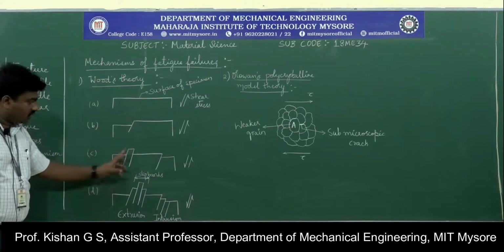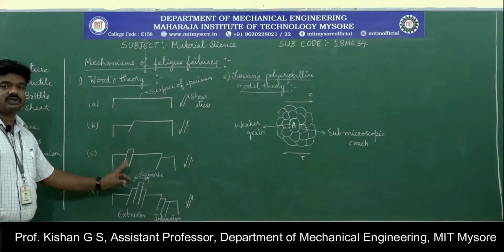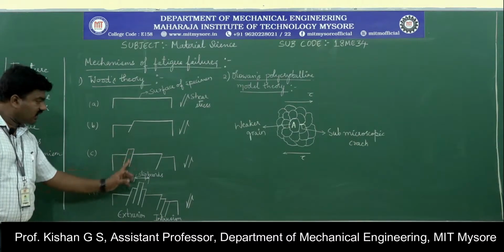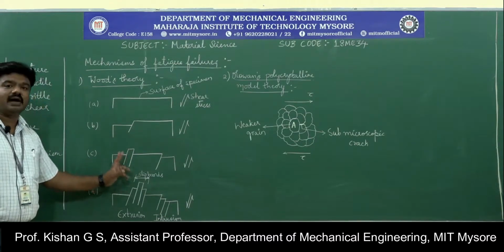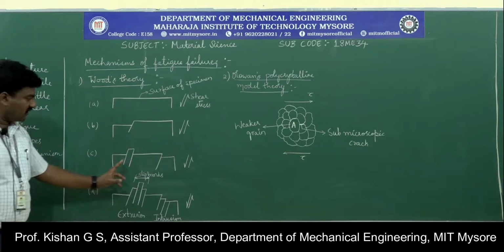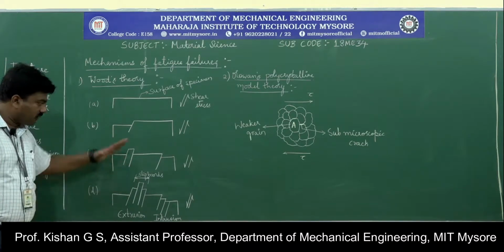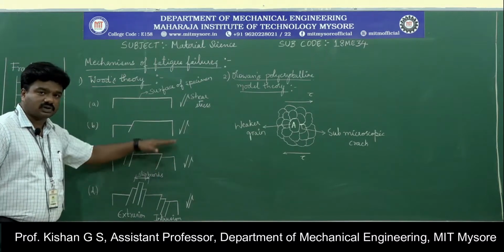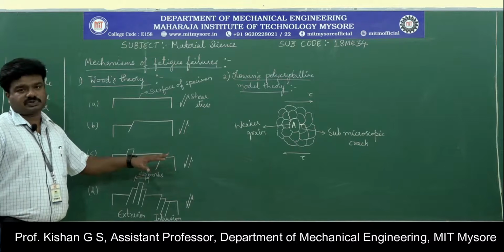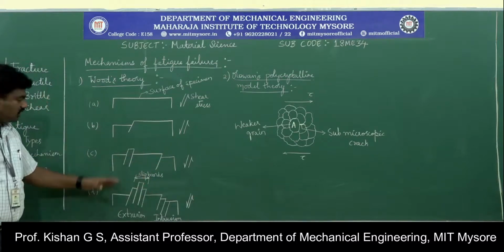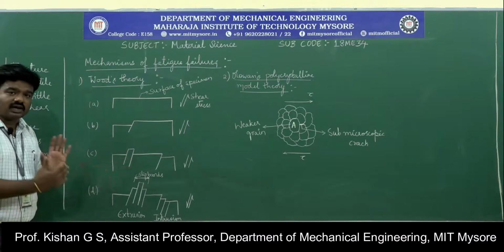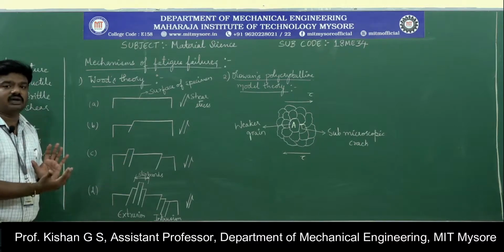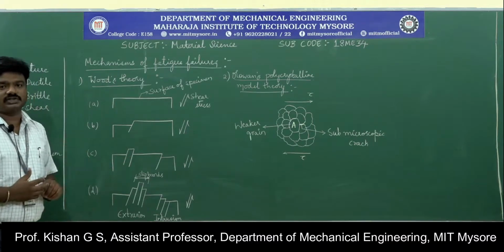Now we have one more projection upon the surface of the specimen, and this irregularity is called a slip band. We can identify the slip band here, which is above the surface of the specimen, as well as one more slip that is below the normal surface of the specimen. With further increase in the load, the slip bands will accumulate or generate more in number, and again move in the opposite direction of the loading condition.